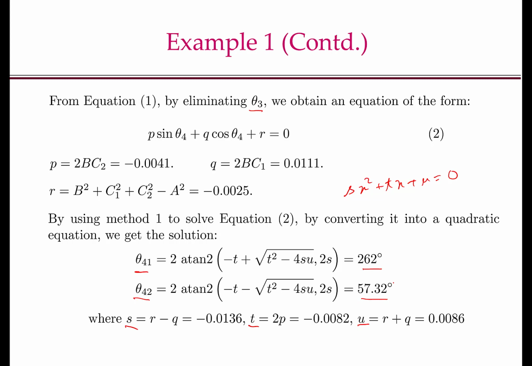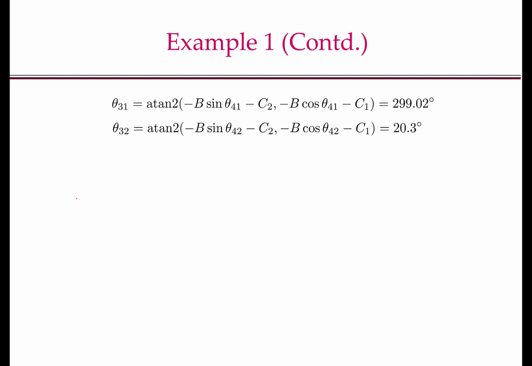Once we have obtained theta 4.1 and theta 4.2, we can obtain the two corresponding angles theta 3.1 and theta 3.2. Again, note that the equations that I had were A cos theta 3 plus B cos theta 4 plus C1 equal to 0, and A sine theta 3 plus B sine theta 4 plus C2 equal to 0.